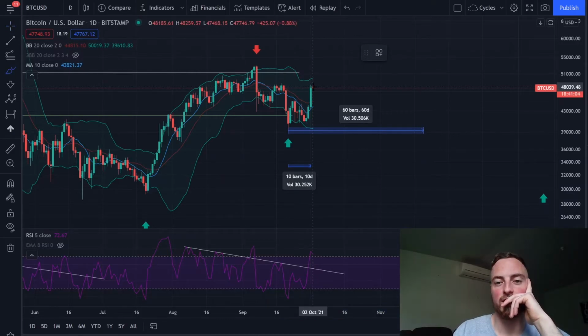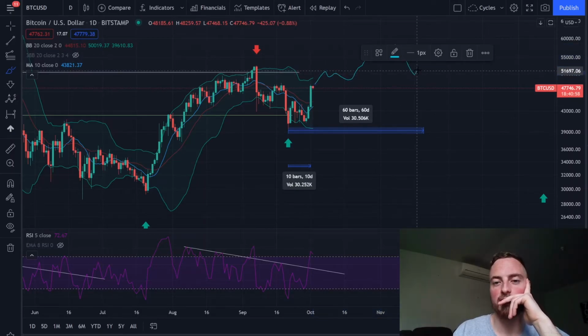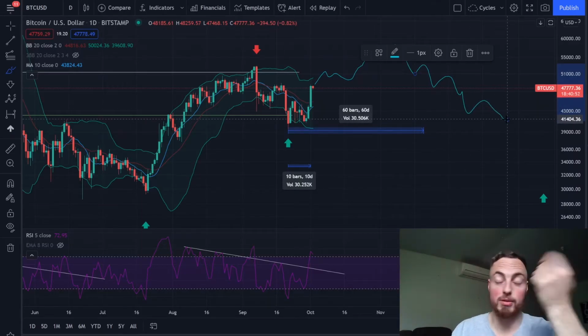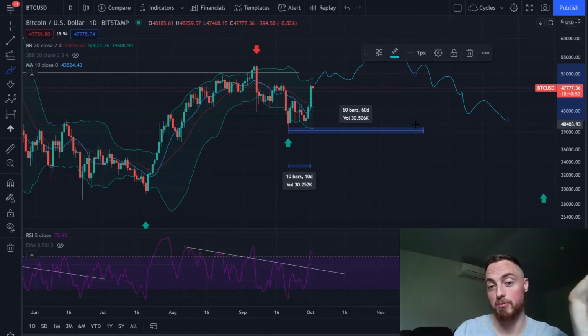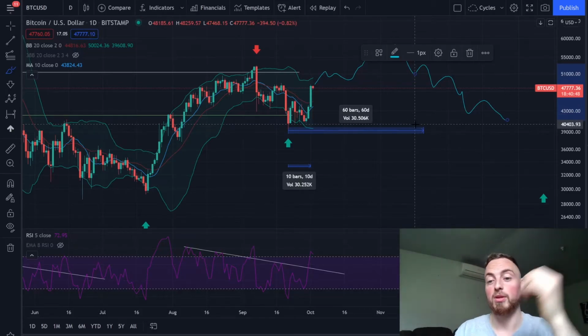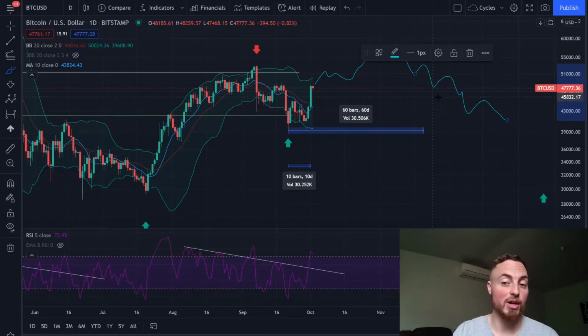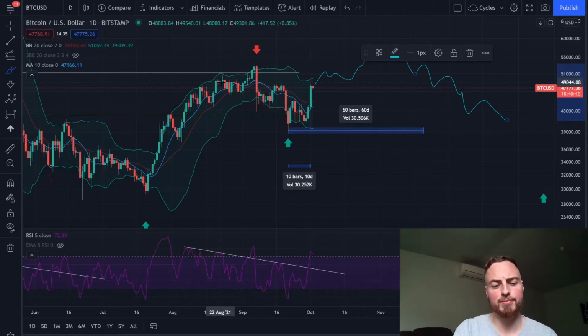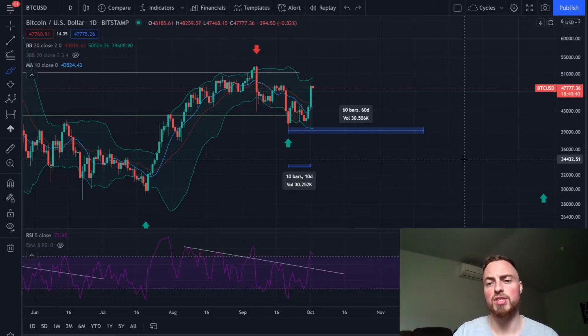This isn't to say we do a bit of this, come up here, bang, come into that 60 days and then break it down to here, and that could possibly be an outcome. It could go lower. I'm not 100% sure.